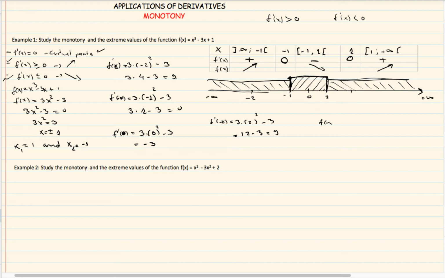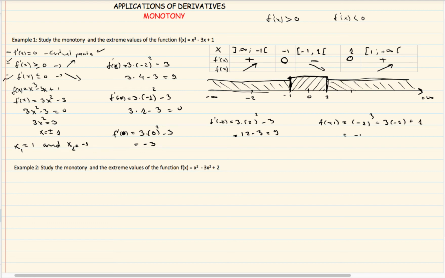So we have f of minus 1 is equal to minus 1 cube minus 3 into minus 1 plus 1, because we're replacing x with minus 1.